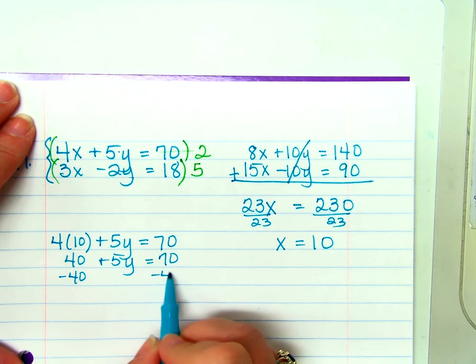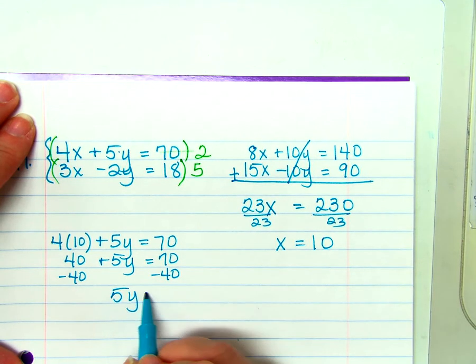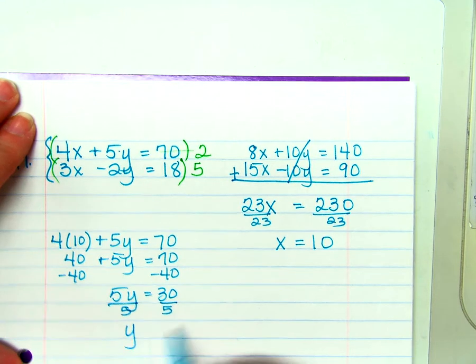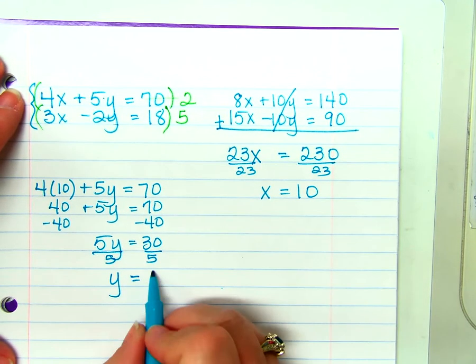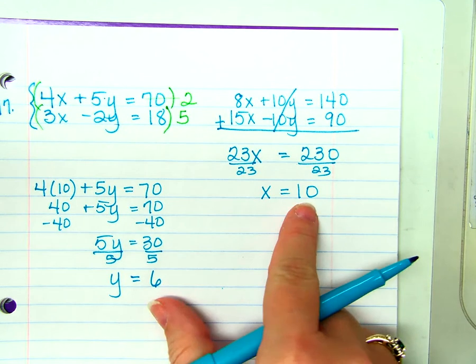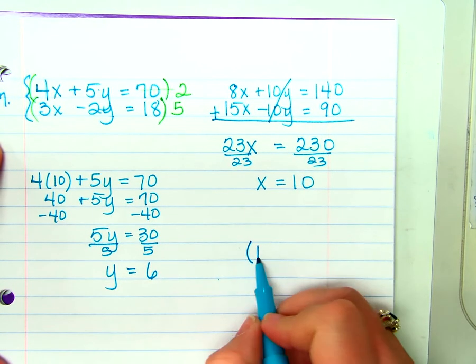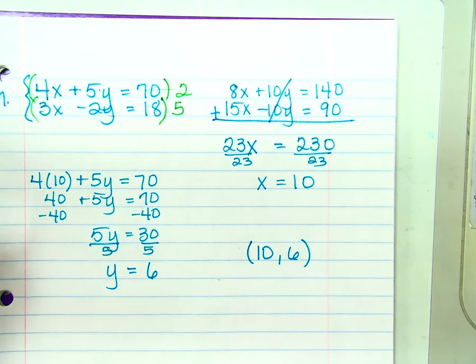Subtracting 40 from both sides gives me 5y equals 30. And dividing both sides by 5 gives me y equals 6. I have an x and a y value as my answer, so I say x is 10, y is 6.